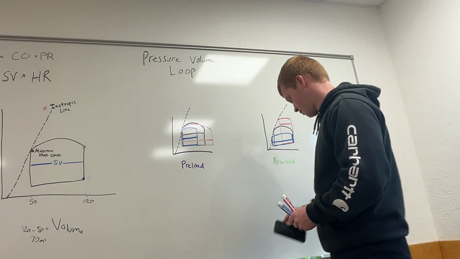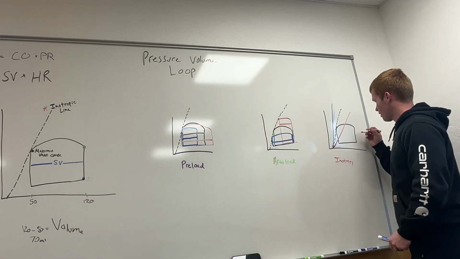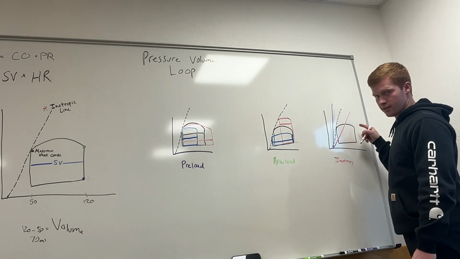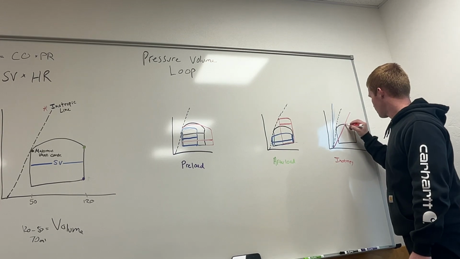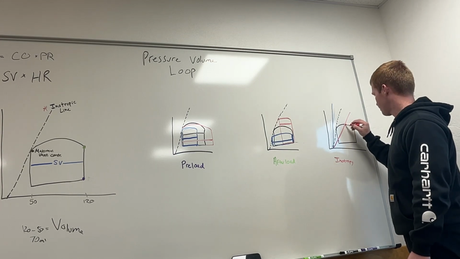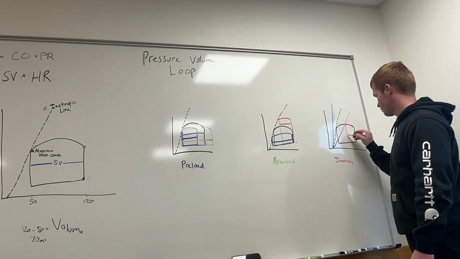Okay, I got this. All right. As you can see, with the decreased inotropy, decreased strength of contraction, we only can go to right there. Okay?